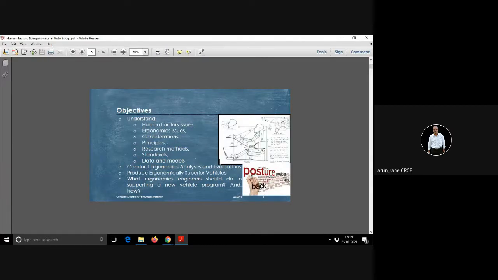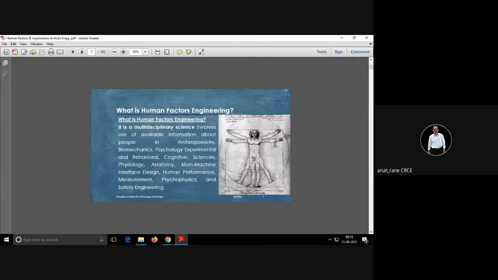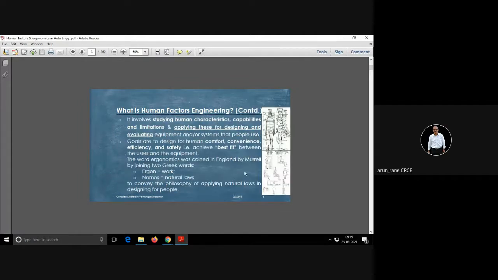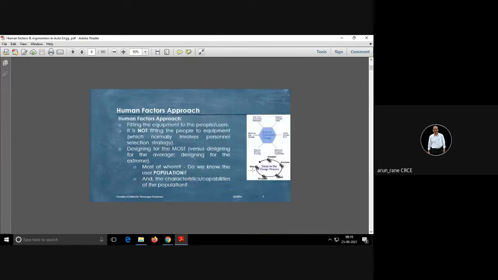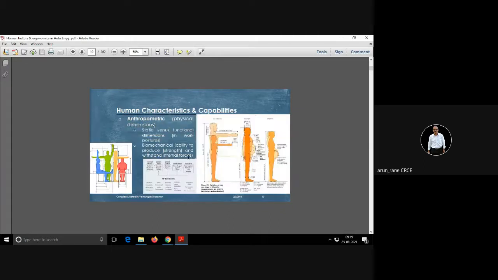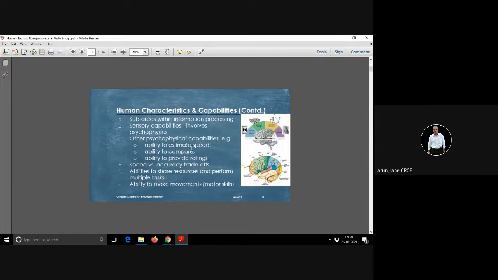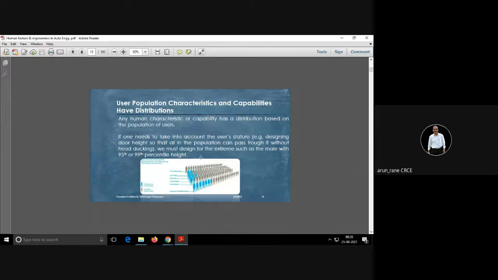We also discussed medicinal factors, how important they are, how important your posture is, how the data is collected, how human beings are classified, then how the design can be human-centered, the different characteristics and capabilities of the human, and how the reaction times are related to the human memory or to the brain.